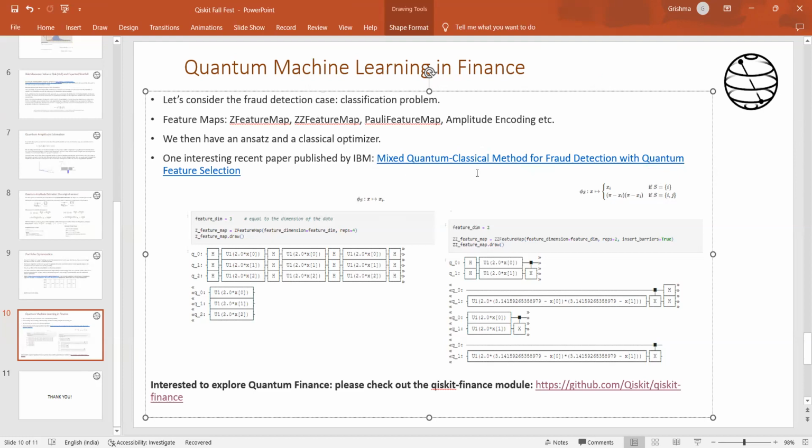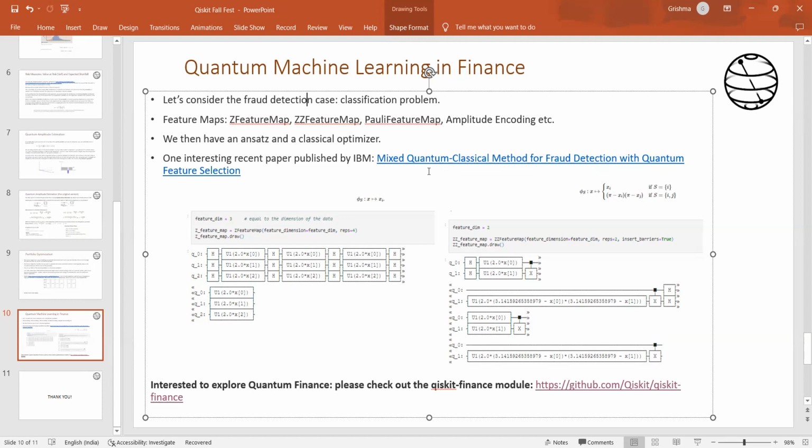They are essentially using the quantum version of support vector machines to come up with the optimal features for fraud detection. If you're interested, this paper is a classic. You should definitely go through it.